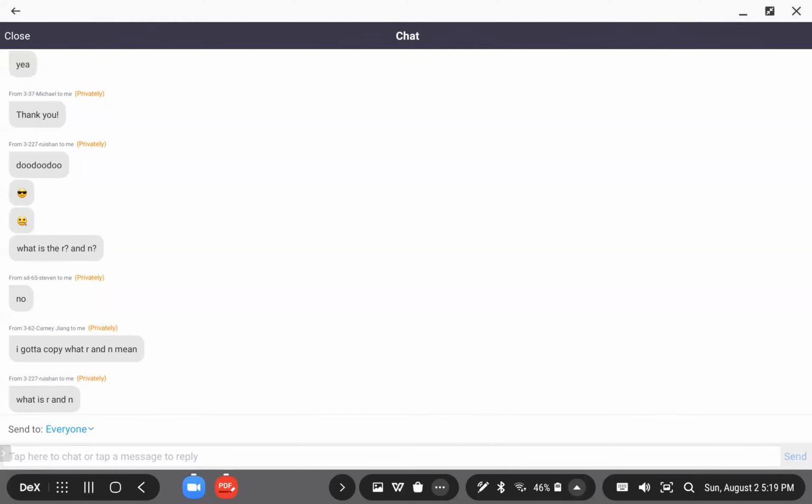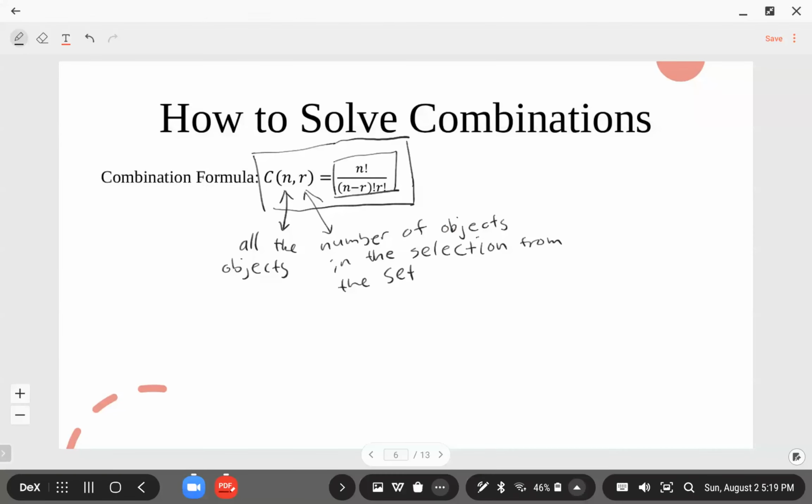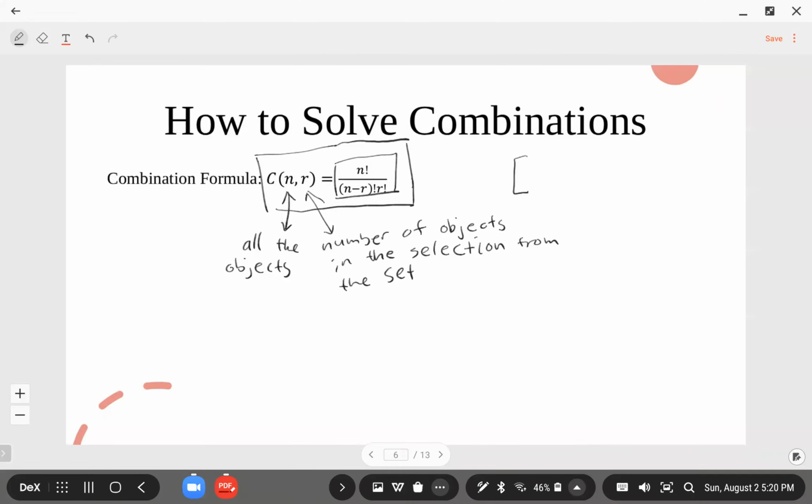Okay. So then I wrote the definitions of N and R here, so you can take notes of that. N is all the objects in this set. Let me give an example set.